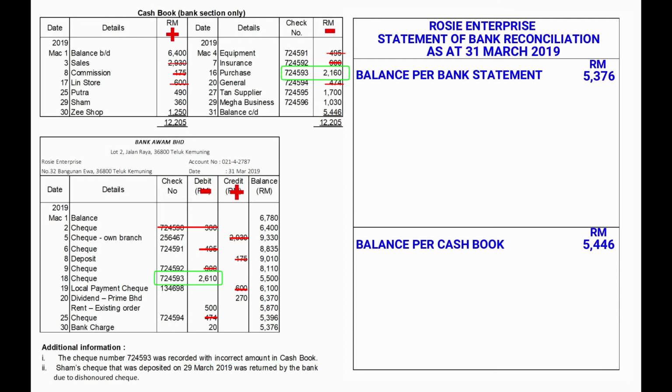For example, here, purchase of 2,610 ringgit Malaysia are wrongly recorded as 2,160 ringgit Malaysia in cash book. That error was made by the business. So, we have to deduct 450 ringgit Malaysia from cash book balance. Don't forget to show the calculation.